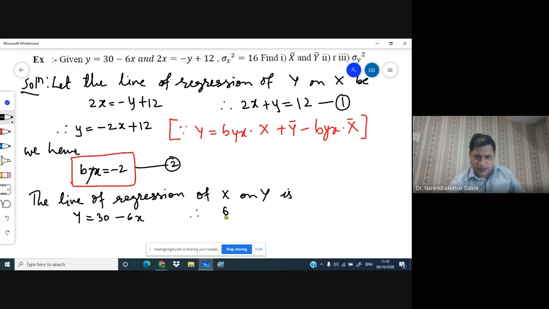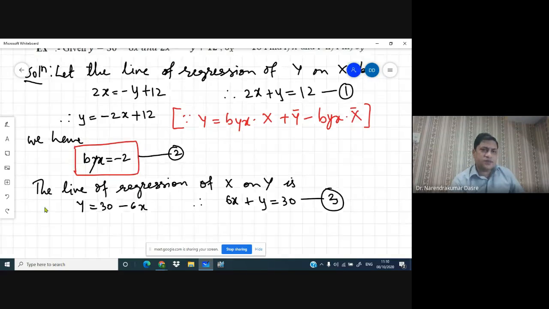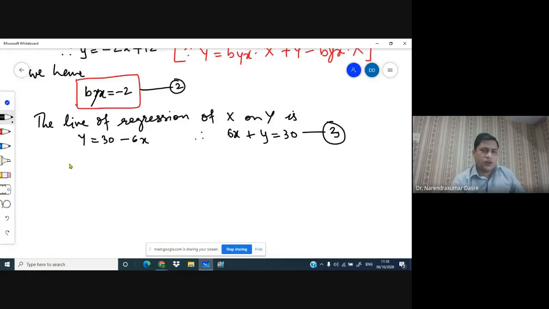So I can write this as 6x plus y is equal to 30. This is equation 3. And if we compare this, we can write 6x is equal to minus y plus 30.